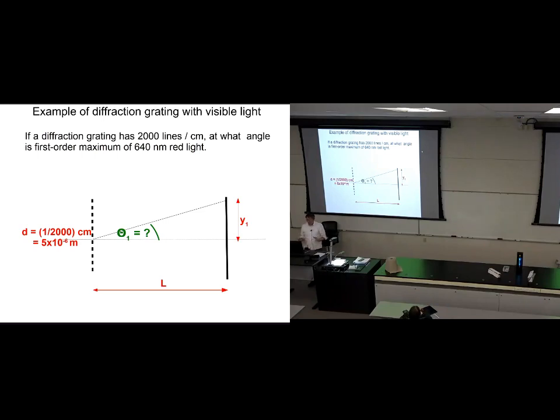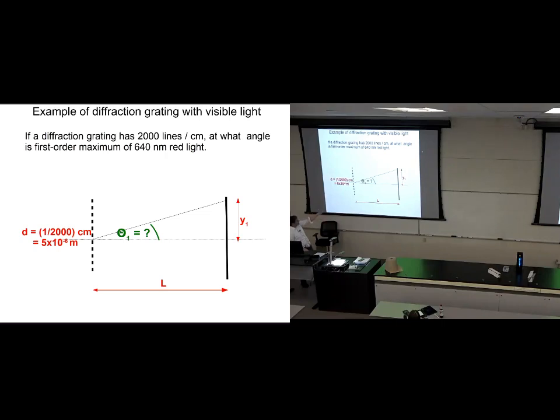And so given that information, information about the diffraction grating itself and information about the light itself, we're asked to figure out what is the angle of the m equals 1, first order maximum of the red light. And there's a little picture there where we're imagining this, this is the diffraction grating with many slits, described by there being 2,000 of them per centimeter.